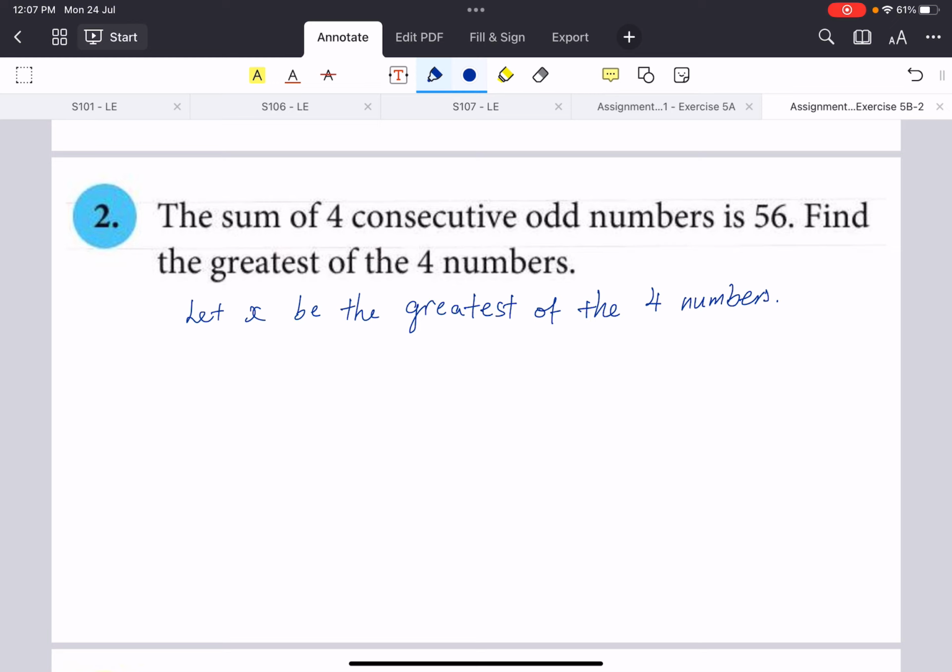So we have x plus x minus 2 plus x minus 4 plus x minus 6. 1, 2, 3, 4, four numbers equals 56. So adding them up together, we will have 4x minus 12 equals 56. 4x will be equal to 68.